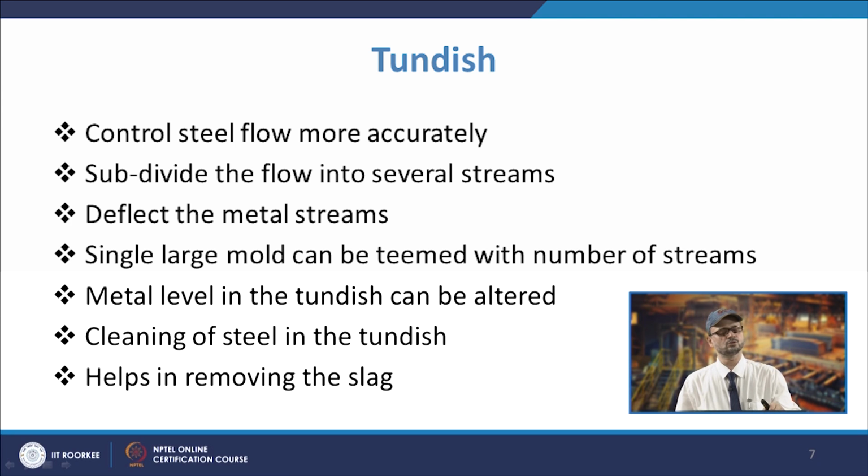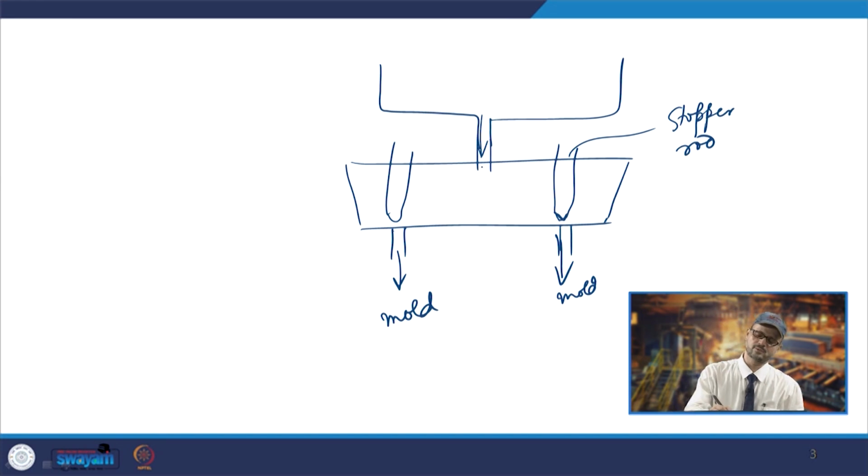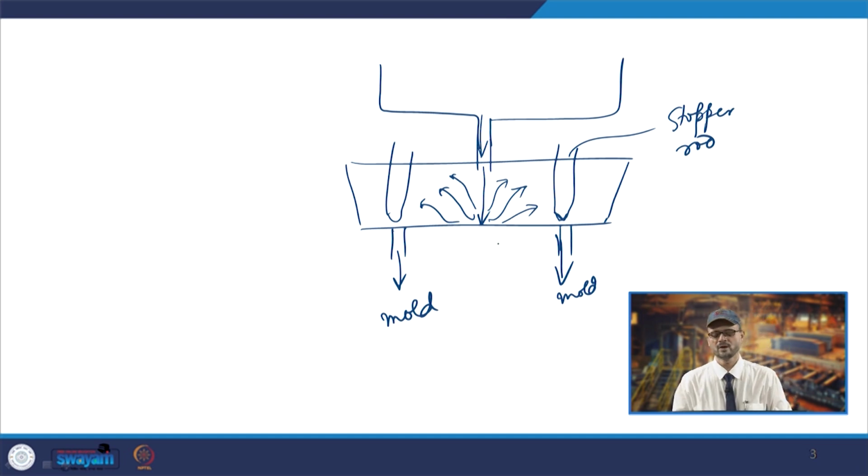Now, coming to dividing the flow into several streams. When the flow comes here and strikes, the metal goes from here like this, and like this from here. This way the metal moves in different streams. You may have 2 strand, 4 strand or 6 strand.